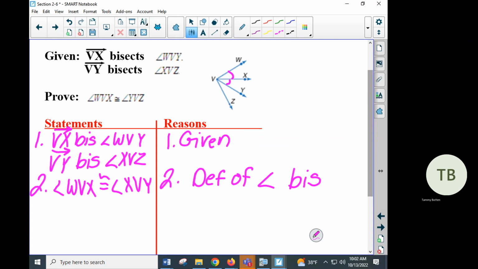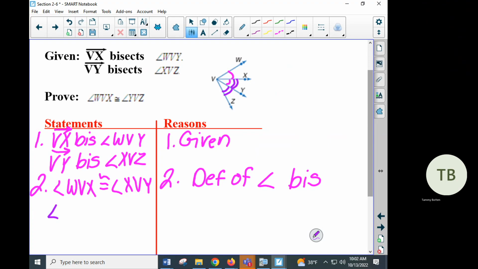Okay. Now, it also tells me that BY bisects angle XBZ. So that would mean that this angle and this angle are equal. So I have to name these two and say they're congruent. Now, this angle I just named right here. So when I name that one, I have to name it in the same order that I did.